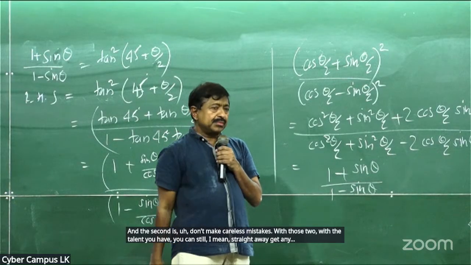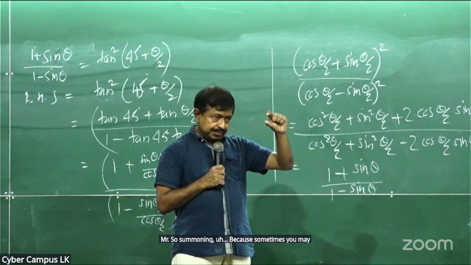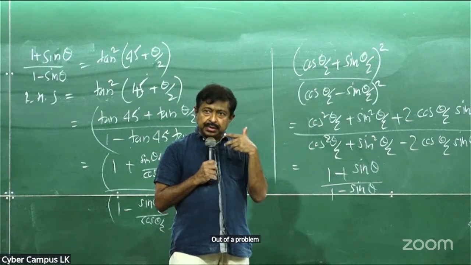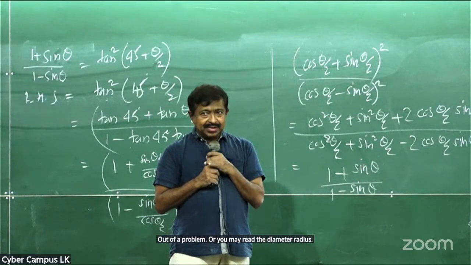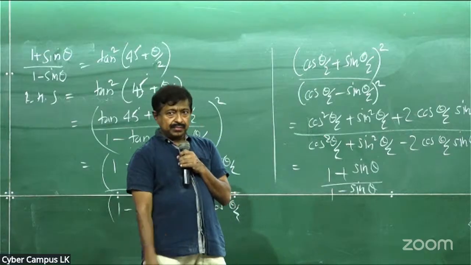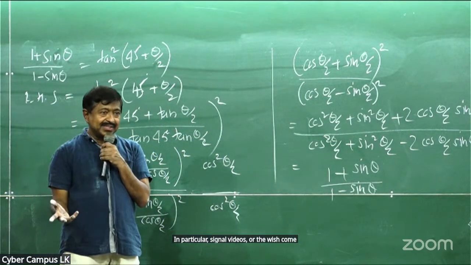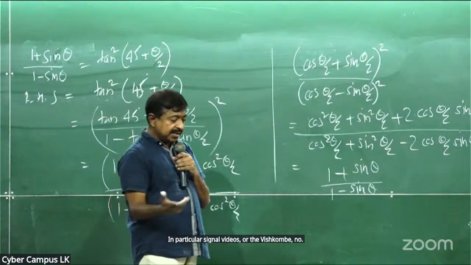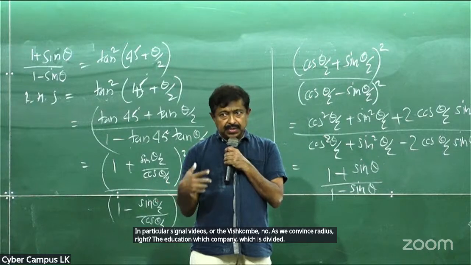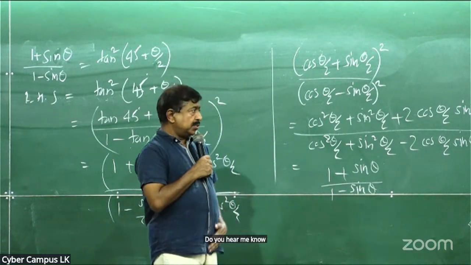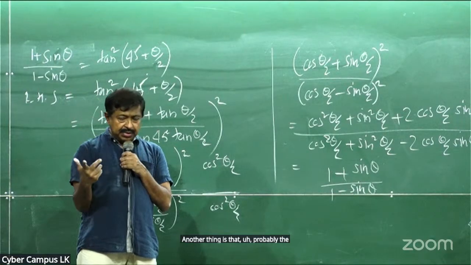Mistakes are usually like this: sometimes you may skip a problem or part of a problem, or you may read the diameter as a radius. Even in particular, the radius means half the diameter, right? They take it as the diameter. Another thing is that probably the weight of a rod is given.